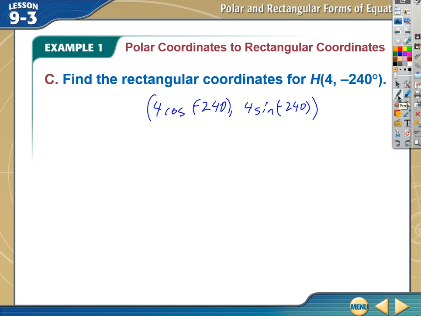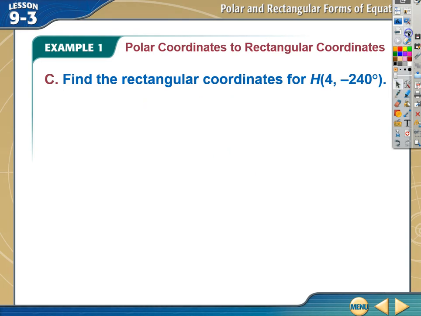And if you put it in your calculator, you would get -2 comma 3.464. Going from polar coordinates to rectangular coordinates is all pretty straightforward. It's pretty much your calculator. You've got to set it up and make sure you know what you're doing: 4 cosine, 4 sine. Get it together.